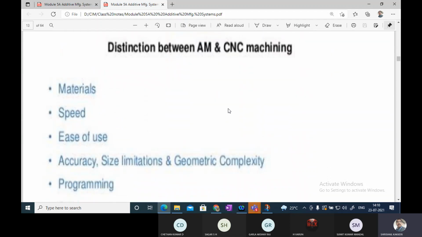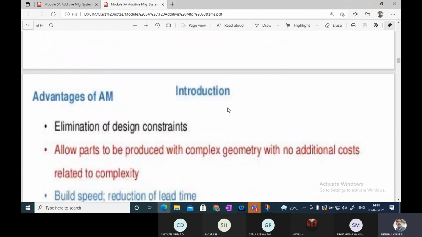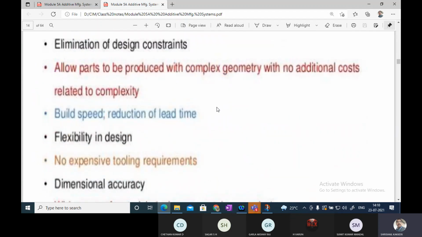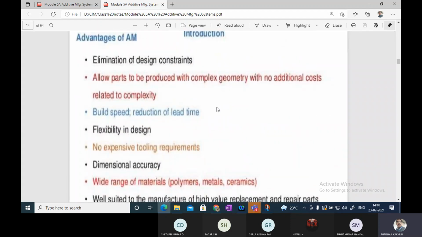Okay. And the difference between the CNC machines and this one, you can see that the advantages of additive manufacturing system eliminate the design constraints.